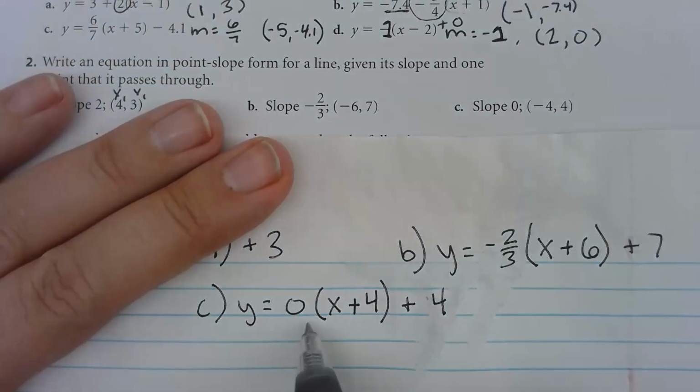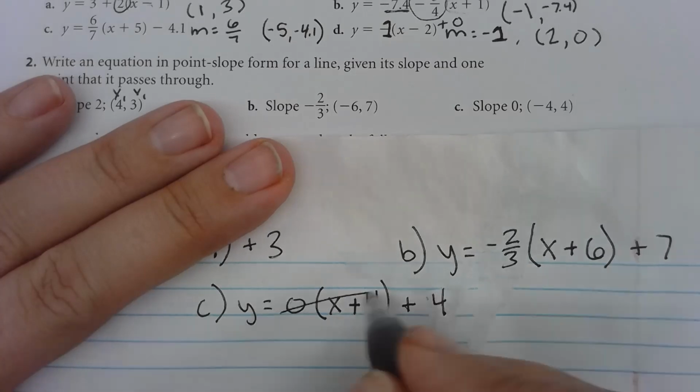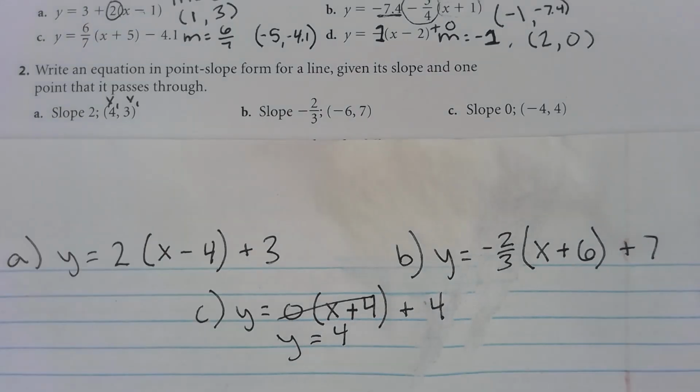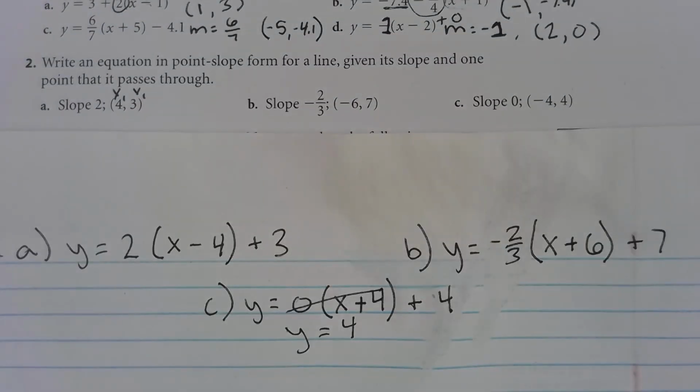What happens when we multiply anything by 0? It goes. We just get y equals 4. Are we good? Questions?